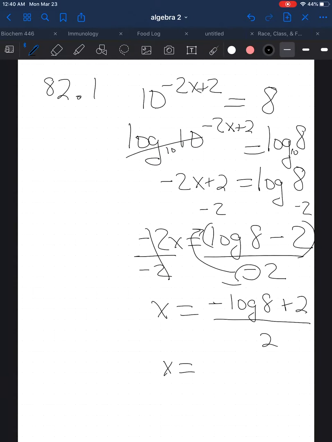If I put it in the calculator, parentheses, I'll just put 2 minus log of 8. Close my parentheses twice, divided by 2, gives me 0.5486.